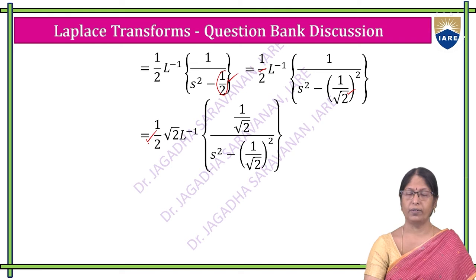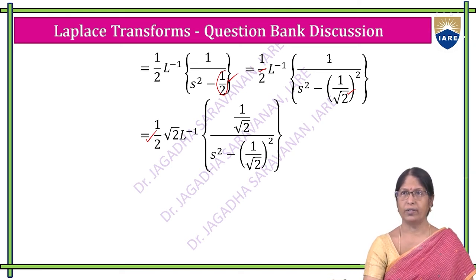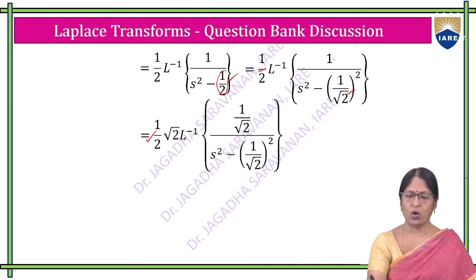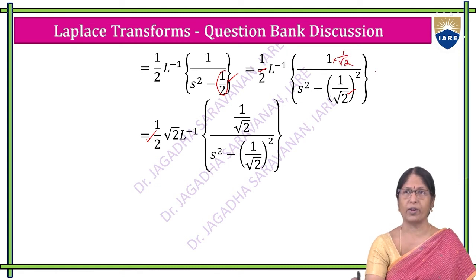Here the top s is not there, so the number, that means a, is required. Our a square is such that a is 1 by root 2, so the top also needs a, that is 1 by root 2.